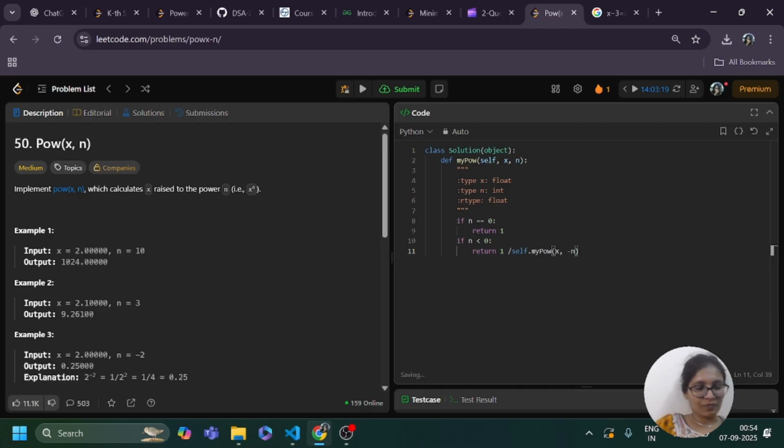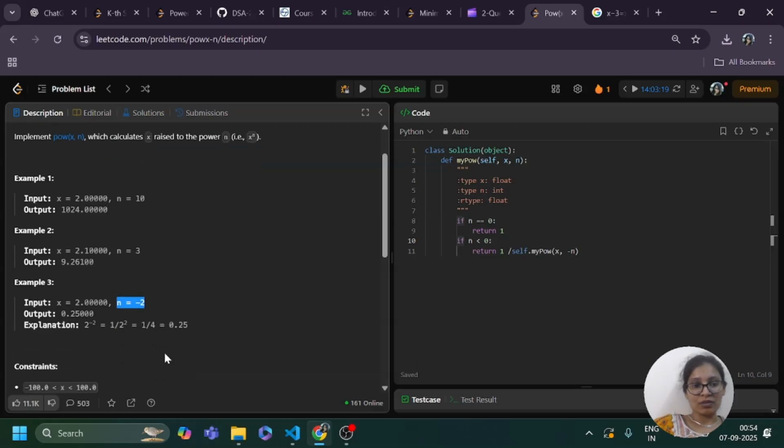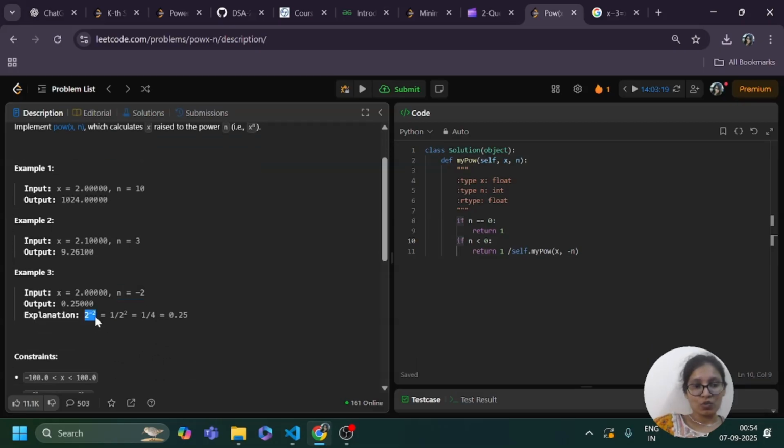Okay, if n is less than 0, here we will handle power like this, minus n. If we have a power like 2 to the power minus 2, then I need to write this as 1 upon 2 to the power 2.